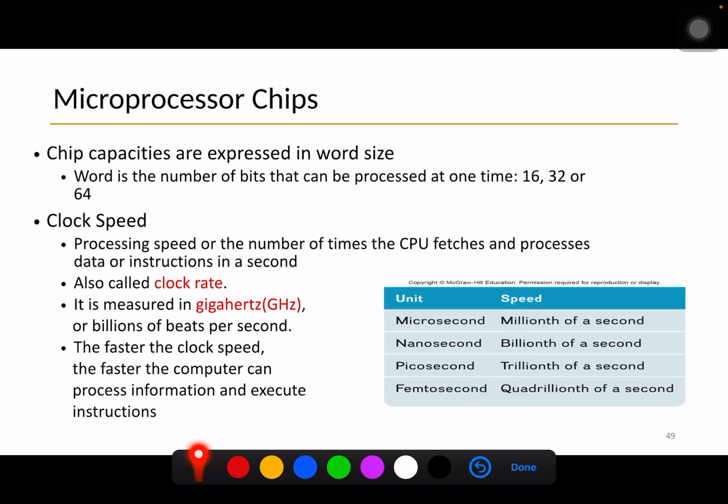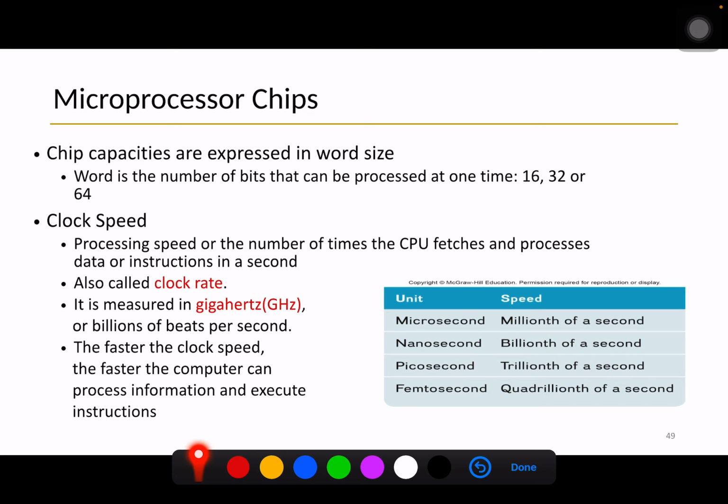Okay, so the speed of how the computer or the CPU works is measured in gigahertz. The speed is called the clock rate, and it is measured in gigahertz. Giga is billion, mega is million.